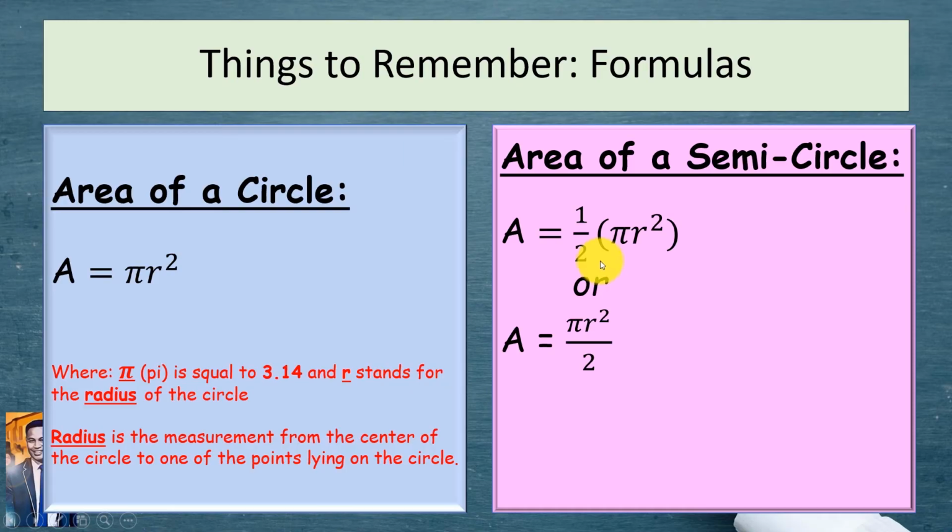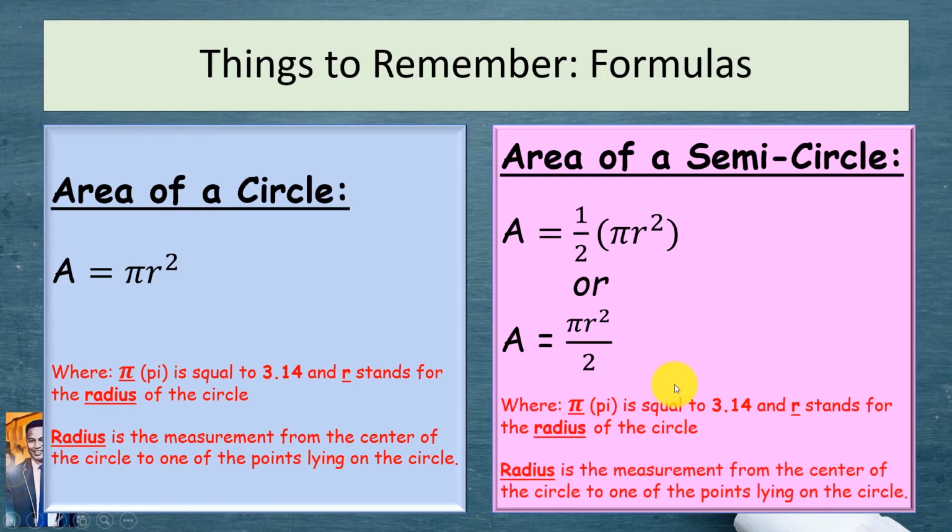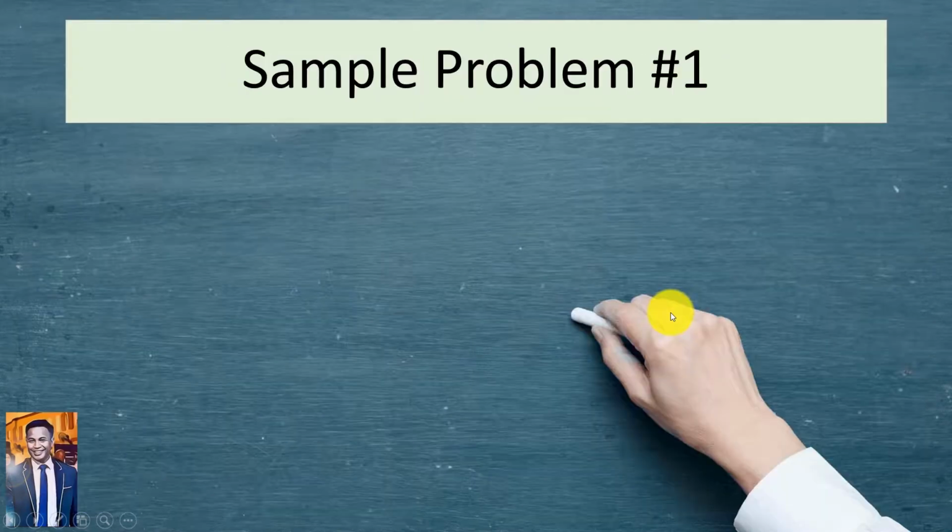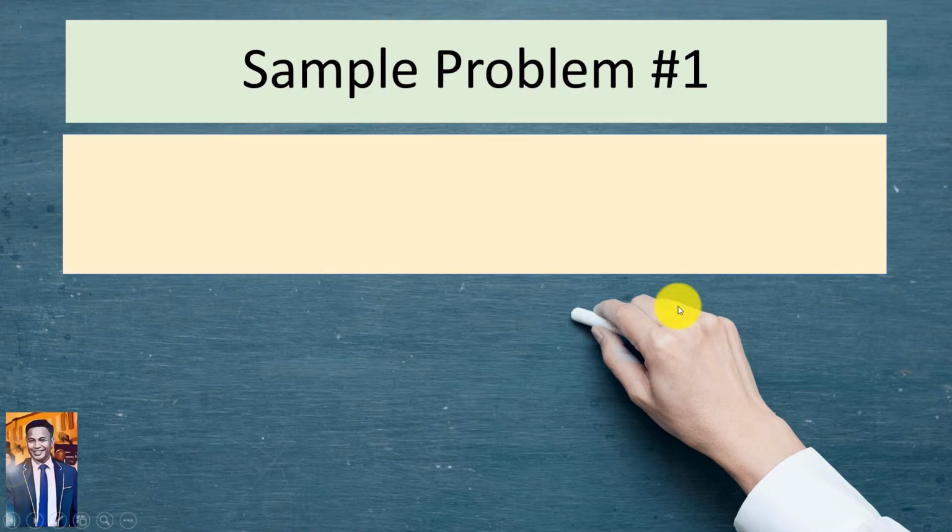Kaya, ang formula natin is the formula of your circle times 1/2. So, hahatiin mo lang siya actually. Okay? So, same tayo. Pi is 3.14 and R is the radius. Okay, let's have sample problem number 1.